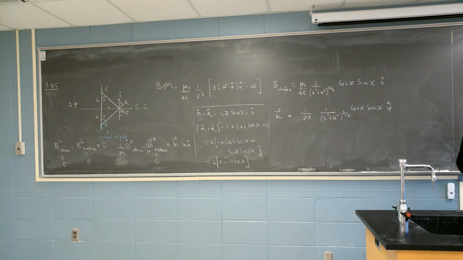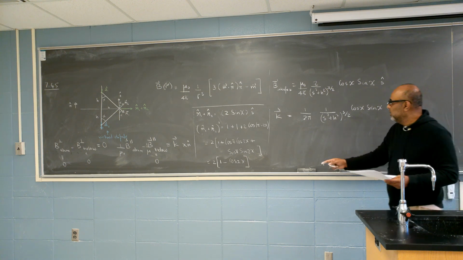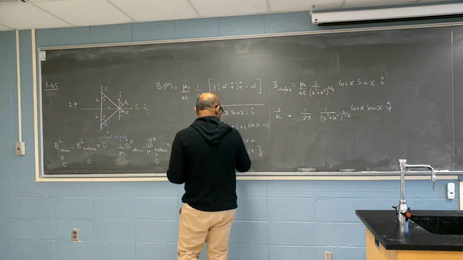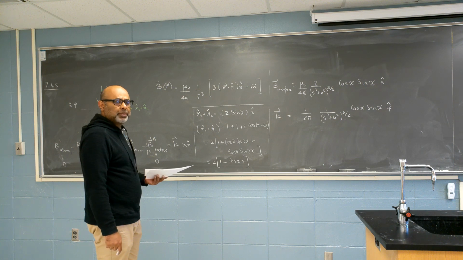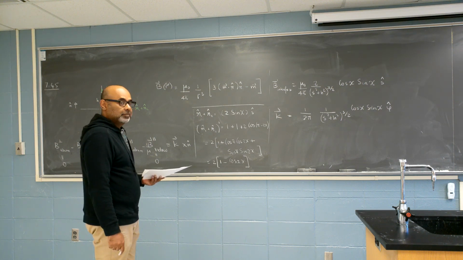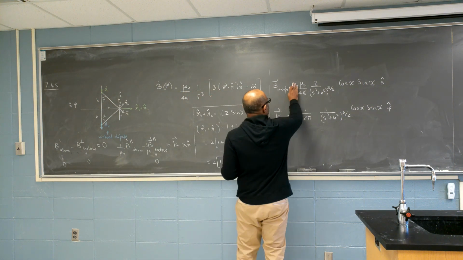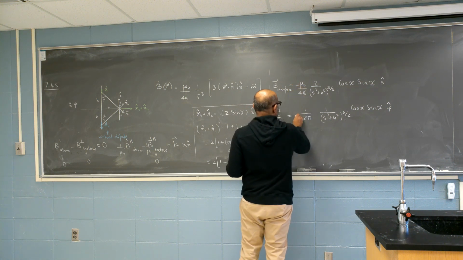Because it's cosine pi cosine chi, we just use that, plus sine pi sine chi. And cosine pi is -1. So that's it. Good.